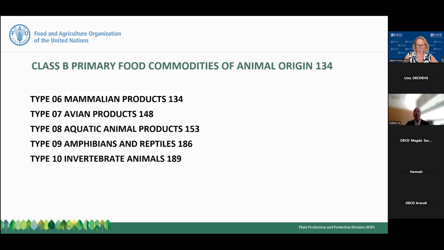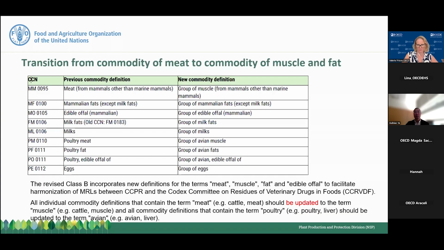And for the animal commodities, I think it's also very important for us, even though it's not a crop. I just want to highlight a little bit because we changed the old system to the new one.